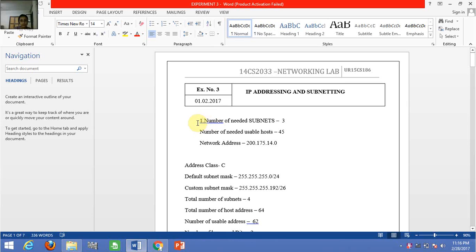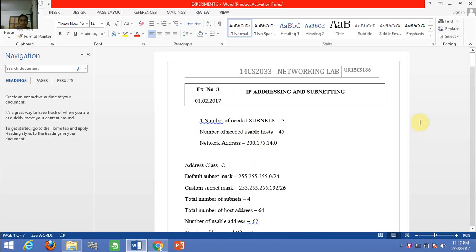So the first question, which you can all see: the number of needed subnets is 3, the number of needed usable hosts is 45, and the network address is given, that is 200.175.14.0.